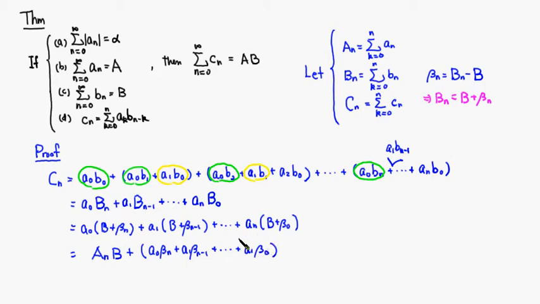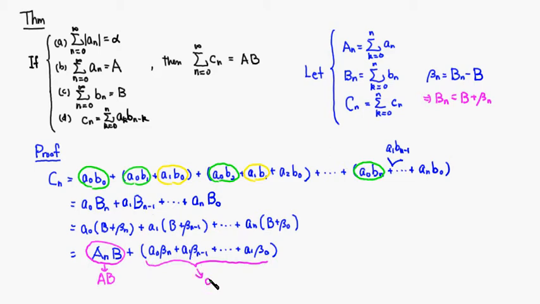Since capital An approaches A as n approaches infinity, we know that this term goes to where we want it to go. So this is going to go to AB, which is the sum. Then since this goes to where we want, we have to show that the remaining term is going to basically disappear.